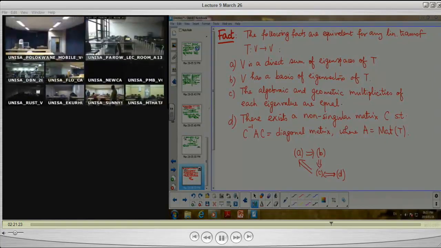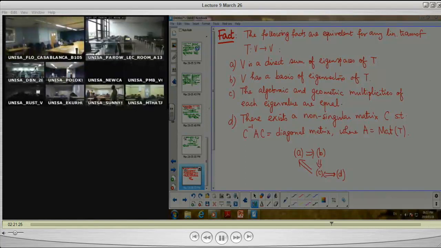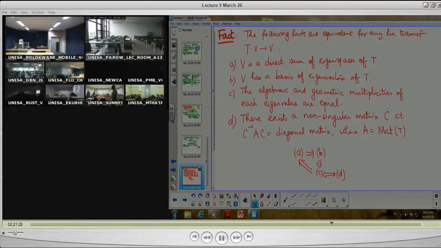Sir, for problem 4, G, f at x and g at x are not bijections. Yes, f at x and g at x are not bijections. But how does the second part compare with the first part?